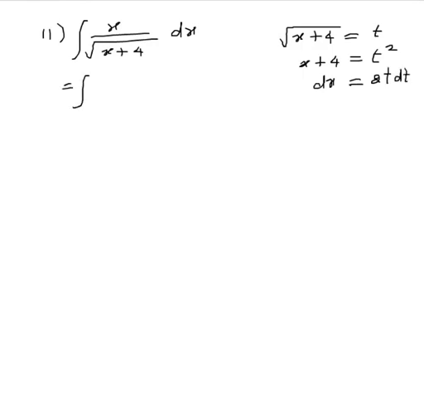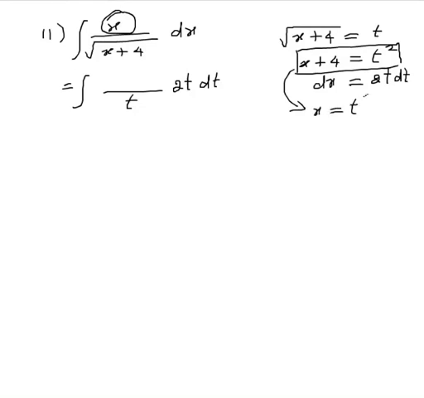Let us substitute. dx is 2t dt, and root of x + 4 is t, and to substitute for x we will use this. x is t² − 4. So x should be taken as t² − 4.